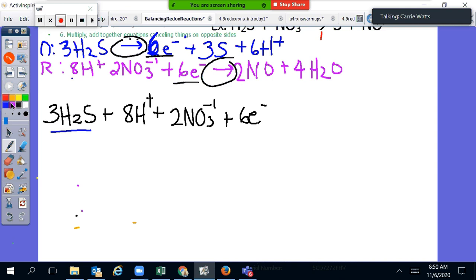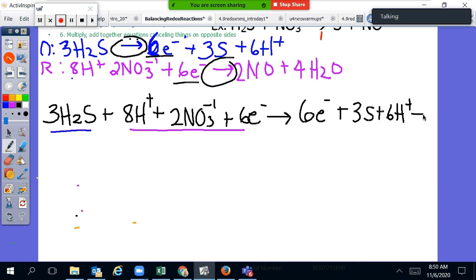So this all came from the reduction equation. Yields 6 electrons plus 3 sulfur plus 6H plus, and this all came again from the oxidation equation, 2NO plus 4H2O.